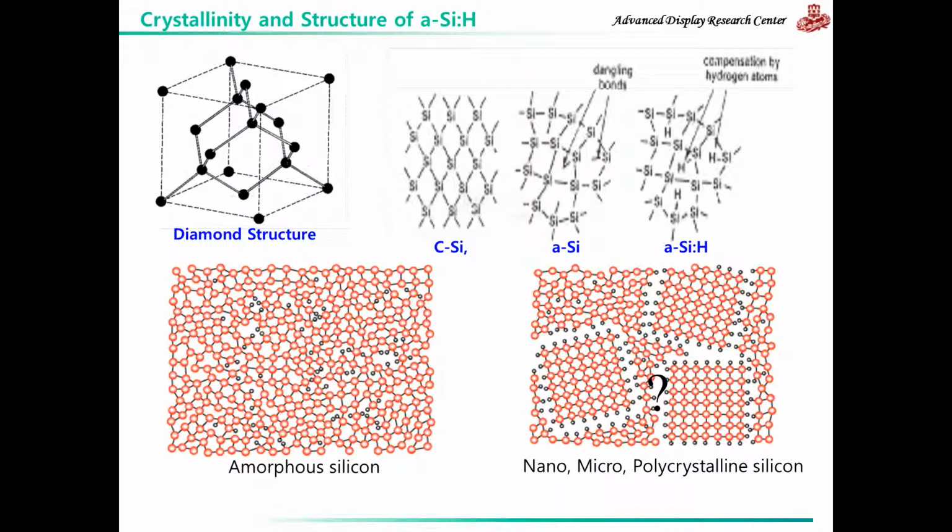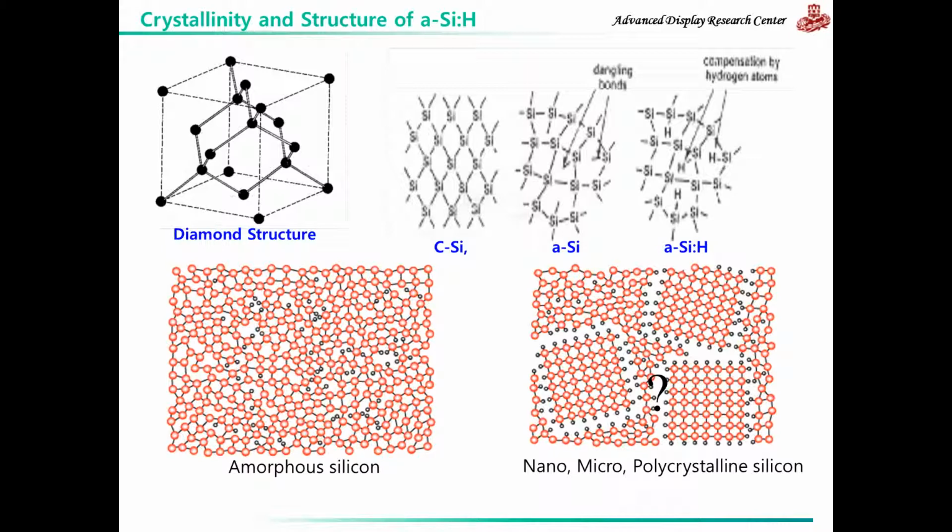However, in amorphous silicon, this long-range order is not present. The atoms form continuous random networks. And as you can see in the structure of amorphous silicon here, there are many dangling bonds.